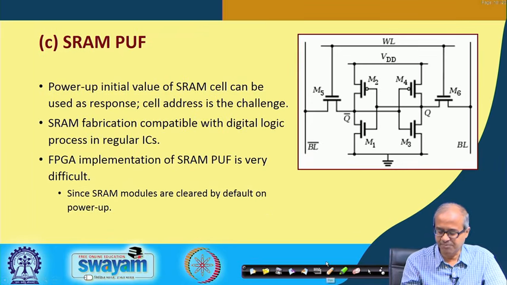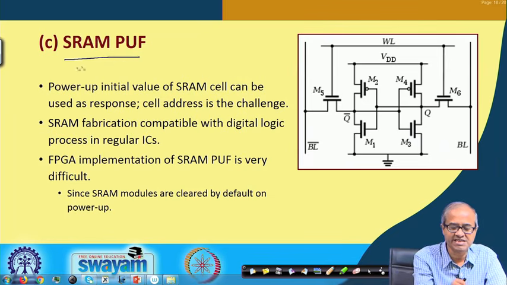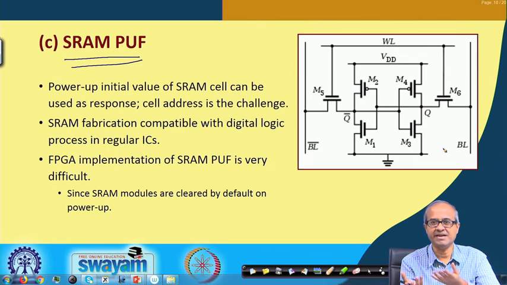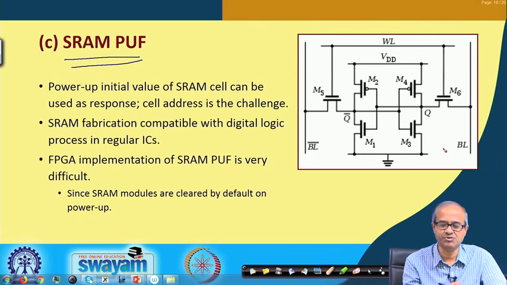Then there is another kind of PUF which is based on static random access memory, SRAM PUF. This is a typical diagram of a MOS based static random access memory cell, 1-bit storage.